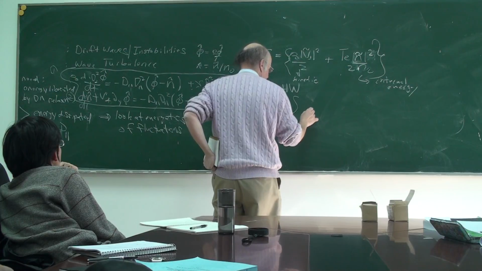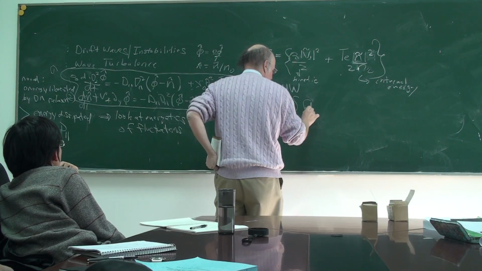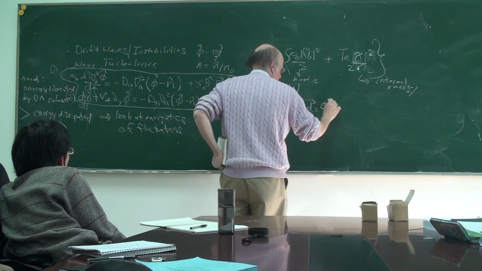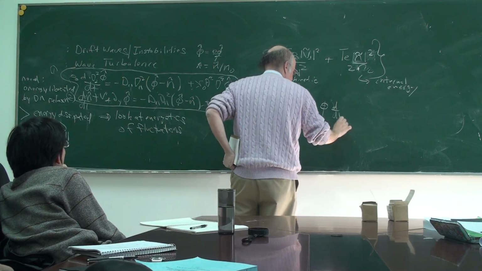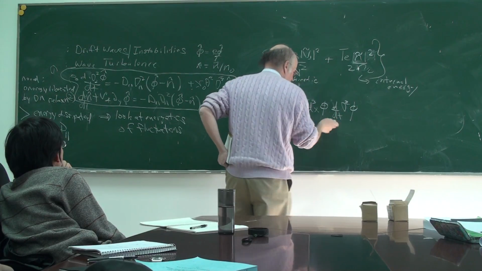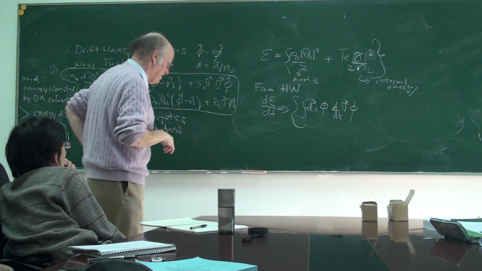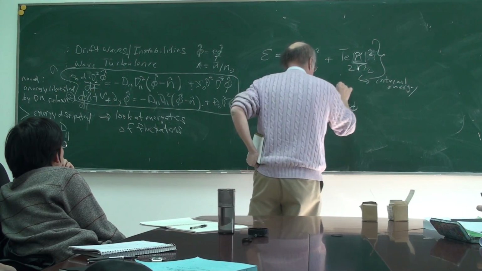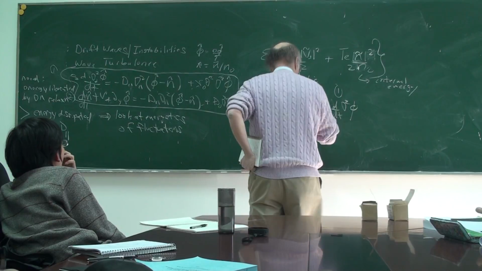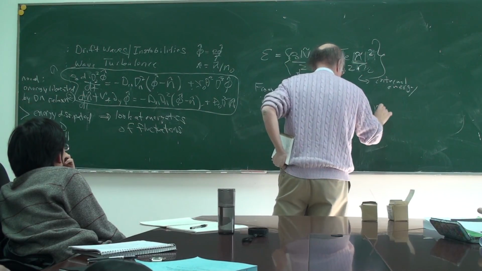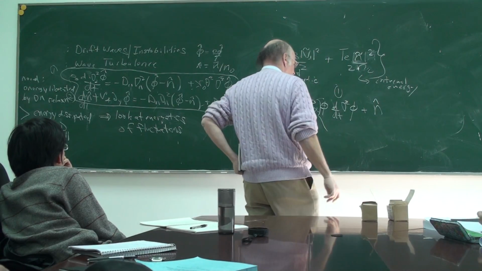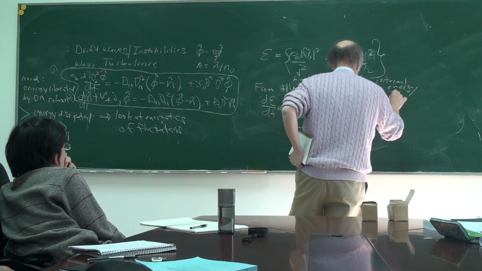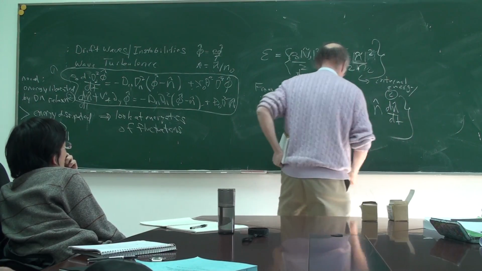I could write this as integral minus d cubed x, then phi times d by dt of del squared phi, and then integrate by parts, don't worry about the boundary. And so this is equation 1. And likewise, again in normalized variables, n times dn hat dt, and that's equation 2.